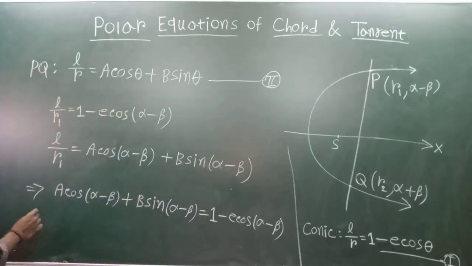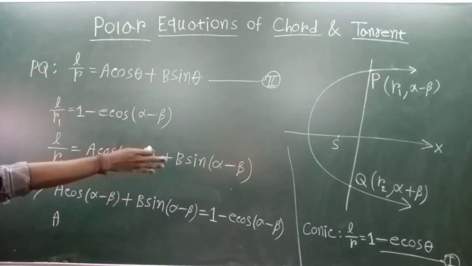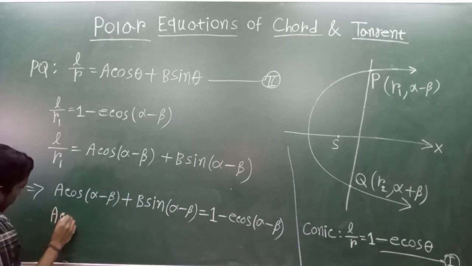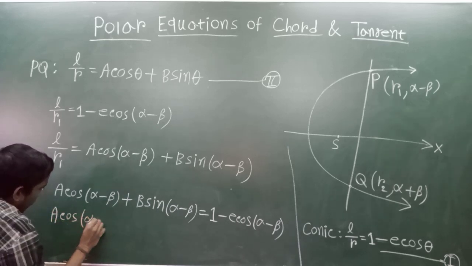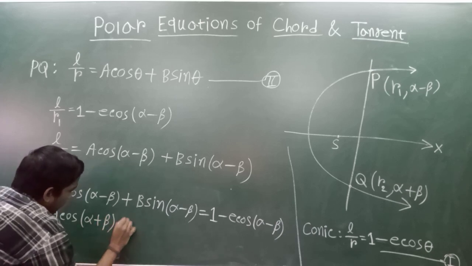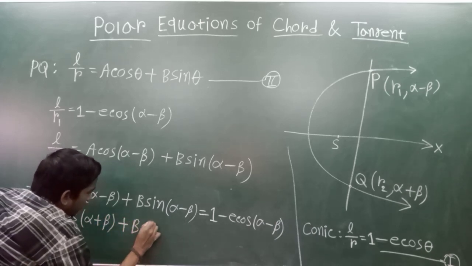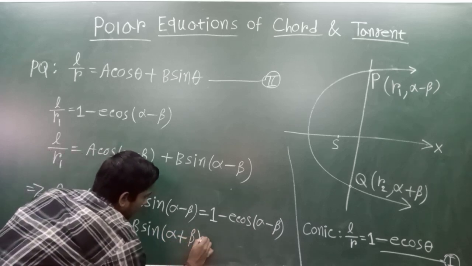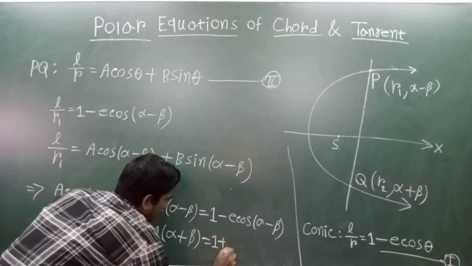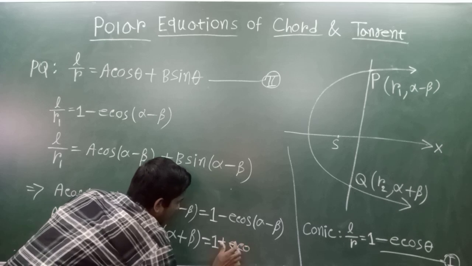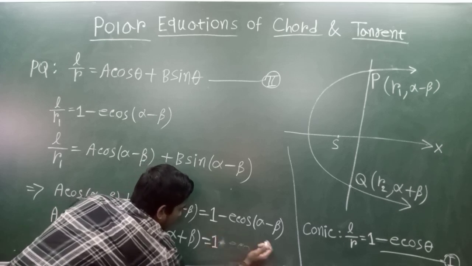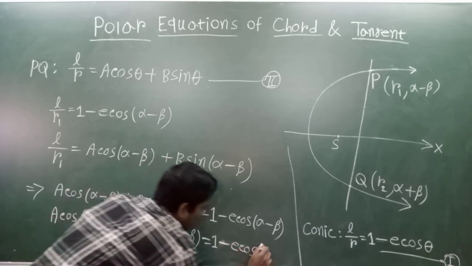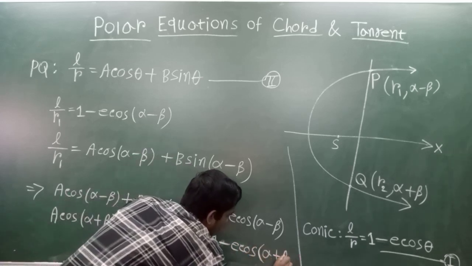Similarly, if you put the value of Q in these two equations, you will obtain A cos alpha plus beta plus B sin alpha plus beta equals 1 minus e cos alpha plus beta.